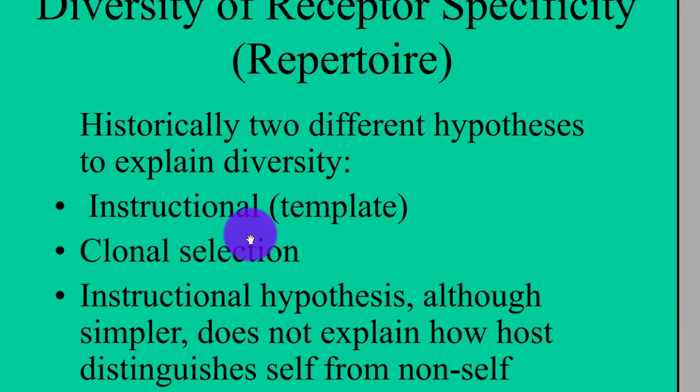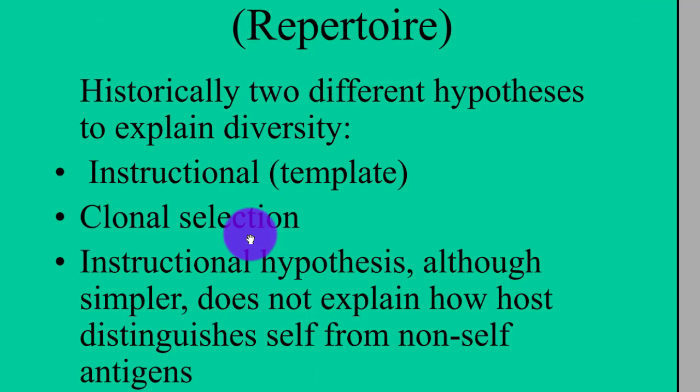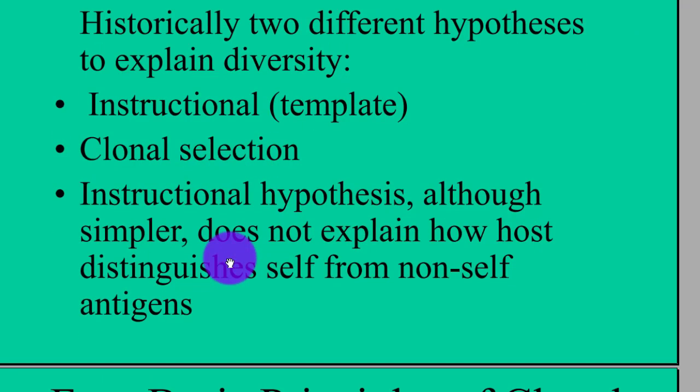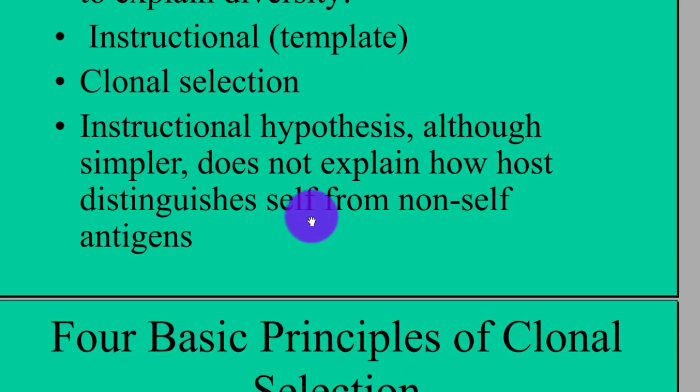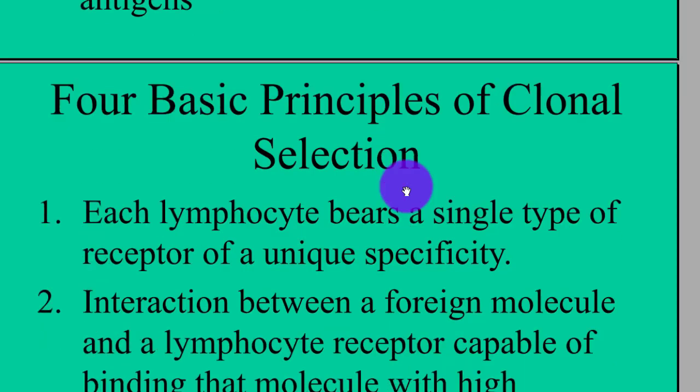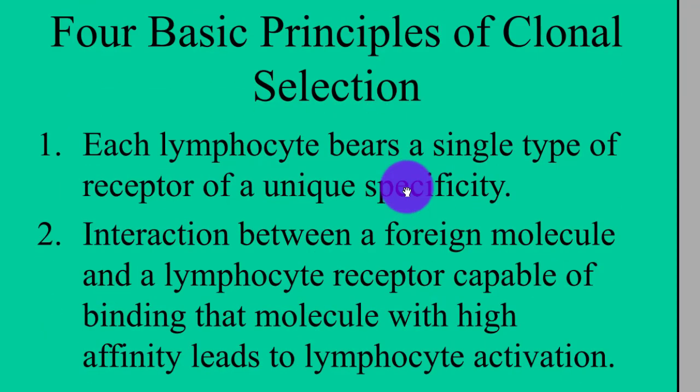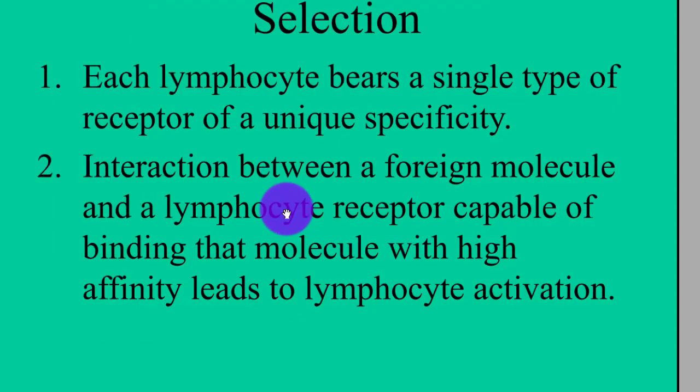Historically, there were two different hypotheses to explain diversity: instructional template and clonal selection. The instructional hypothesis, although simpler, doesn't explain how the host distinguishes self from non-self antigen. Four basic principles of clonal selection: each lymphocyte bears a single type of receptor of a unique specificity.